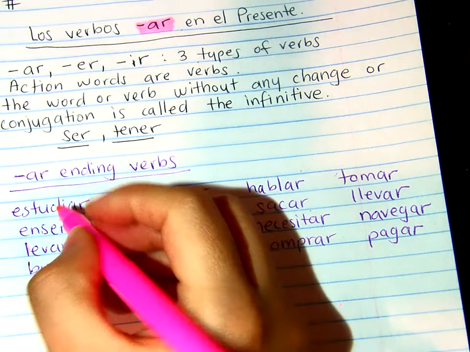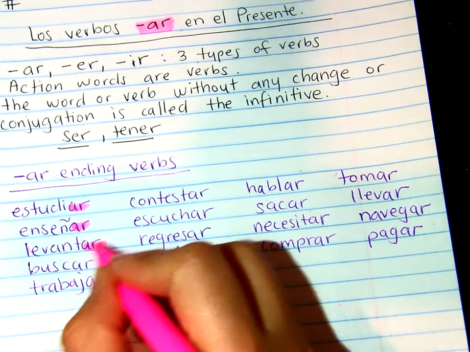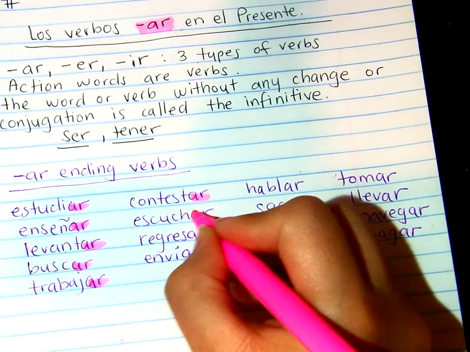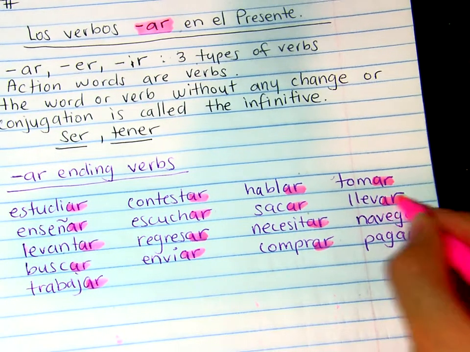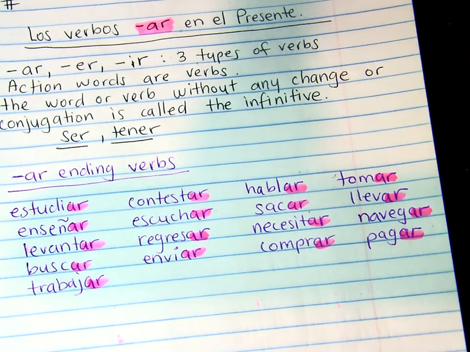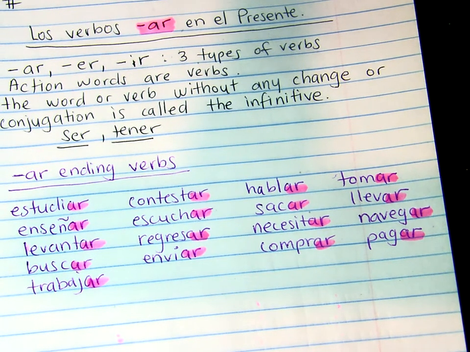You see that? This means that there are verbs, and you can change them to say who's performing the action. Once you make a change, you're going to be able to say who's performing the action, right?